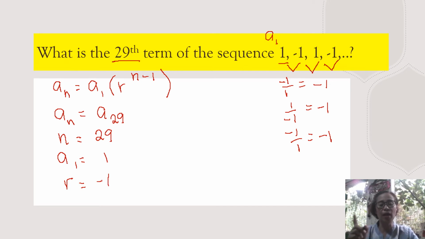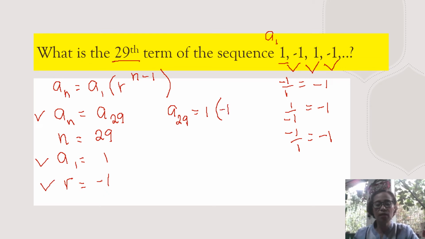Then let's now apply everything listed here in the formula by simply substituting. We are solving for a sub 29, that's our a sub n. Then our first term, a1, is 1, multiplied to the common ratio, negative 1, raised to the power of n, 29 minus 1. So a sub 29 is equal to 1 times negative 1 raised to the 28th power.